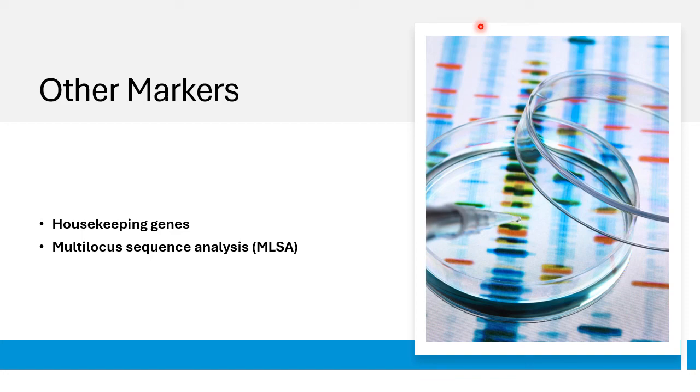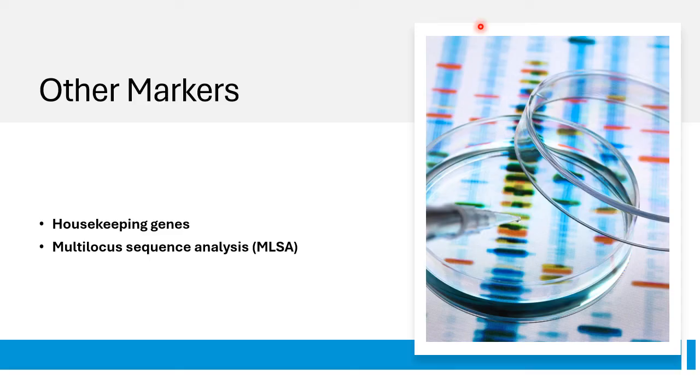At this level of introductory microbiology, we may not go deep into this. It's just information, because they are for deeper phylogenetic analysis, such as multilocus sequence analysis, which involves sequencing of multiple housekeeping genes and concatenating the sequences for analysis.